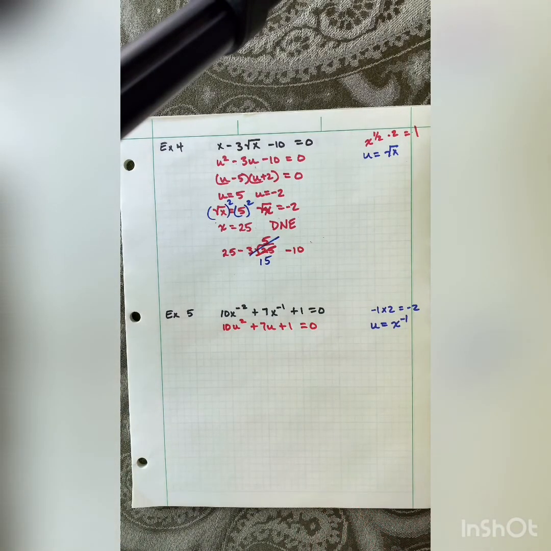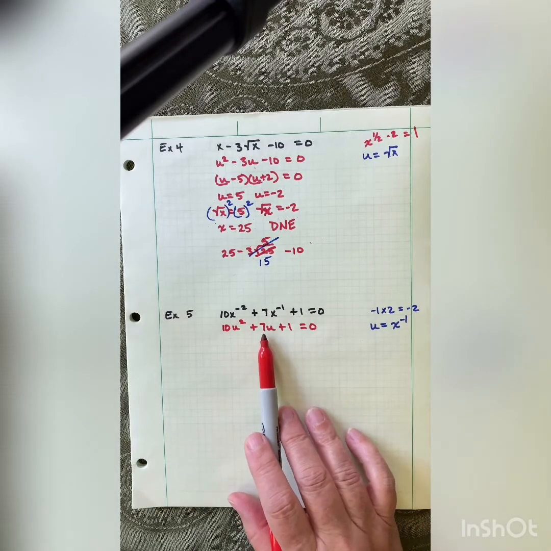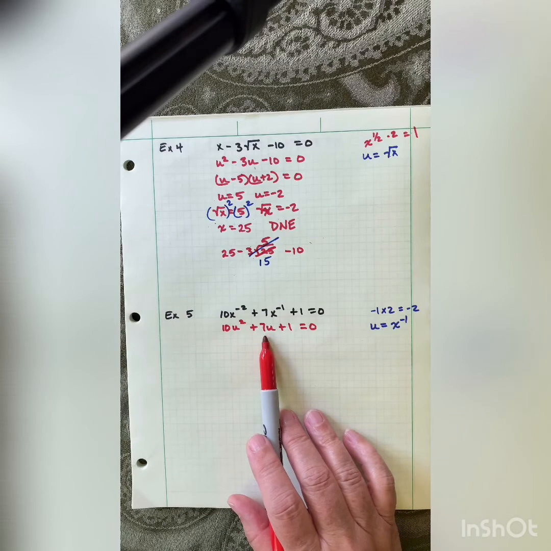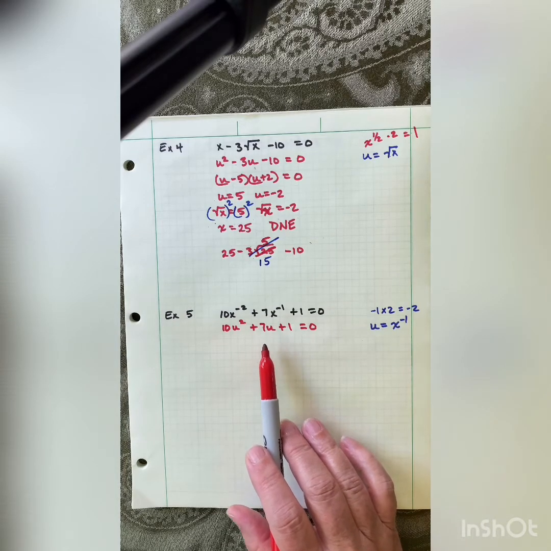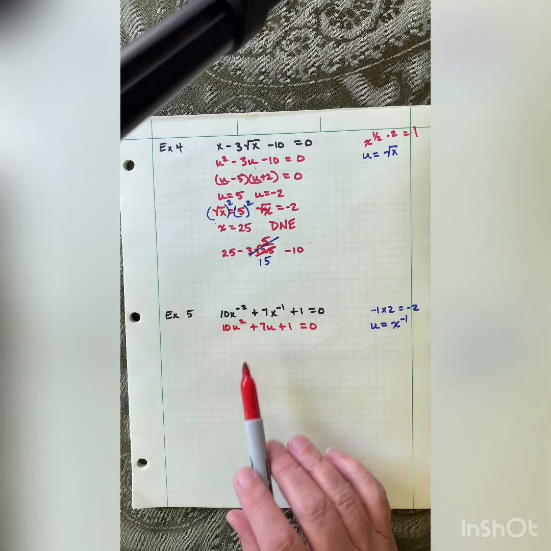All right, now you are going to factor it any way you want. Again, I would not use the square root property since you have this. I wouldn't use completing the square because you have an odd number right there.